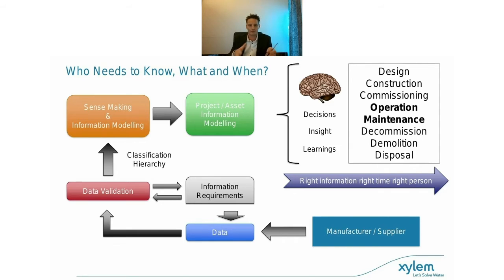And then moving over into operation and maintenance, similarly, we need a robust asset information model so we can continue to make the right decisions and get the right insight to optimize and maintain and support the asset through to its decommission, demolition and disposal.